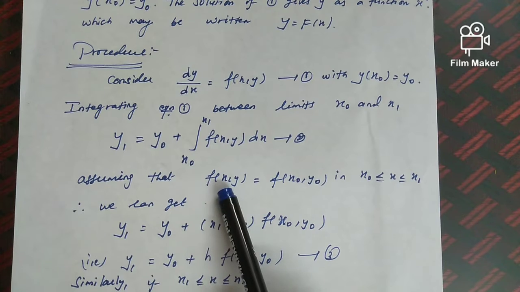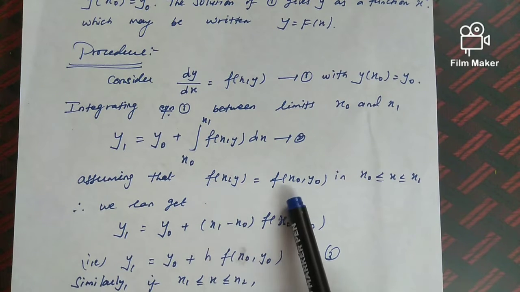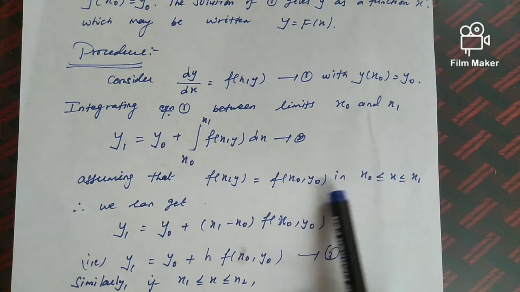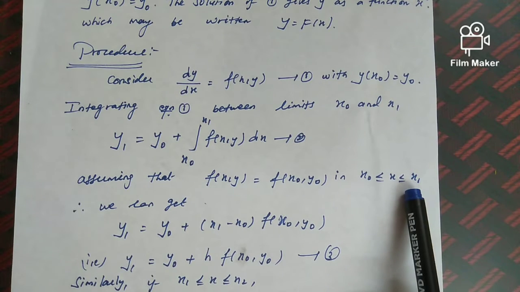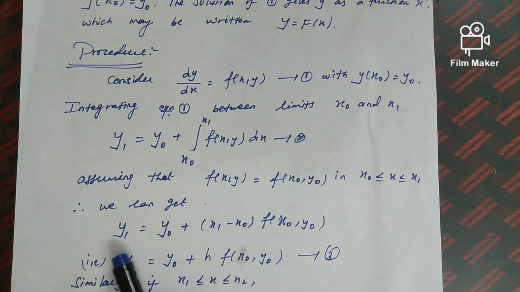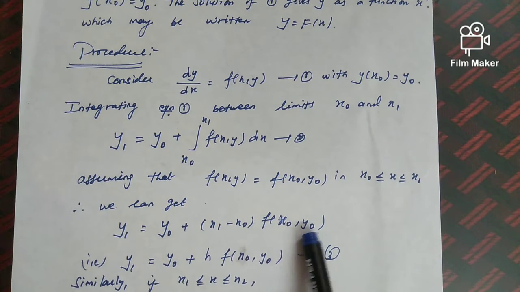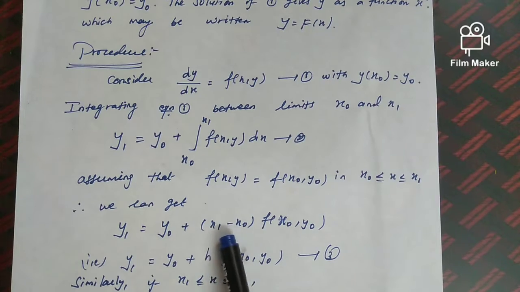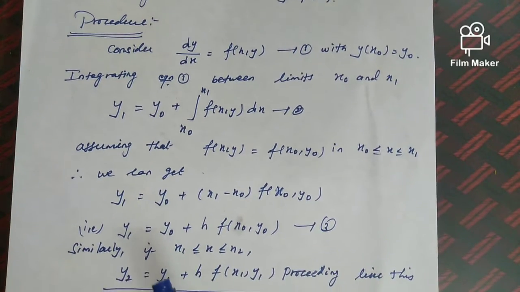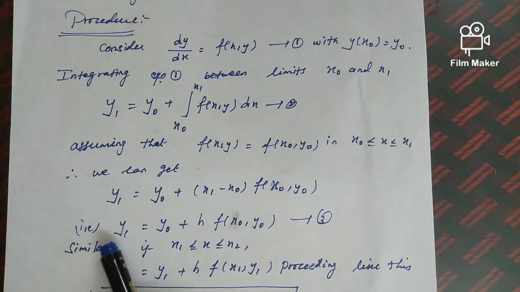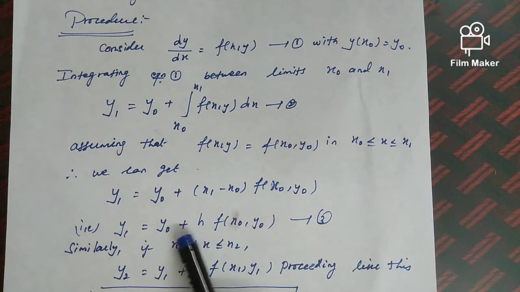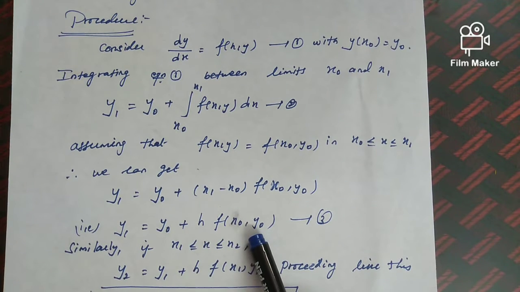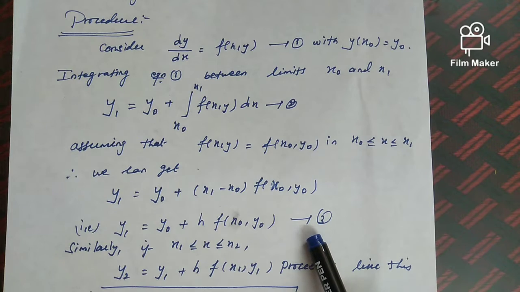Assuming that the function f of x comma y equals f of x naught comma y naught in the interval x naught to x1, we get y1 equal to y naught plus x1 minus x naught into f of x naught, y naught. x1 minus x naught is nothing but the interval of x, that is h. So y1 equal to y naught plus h into f of x naught, y naught. We can call this equation 3.